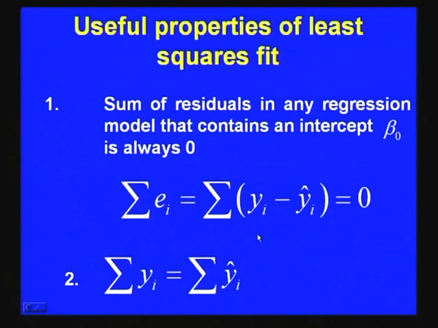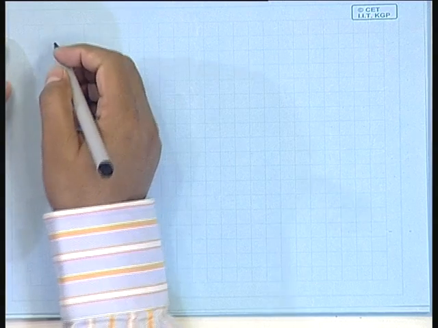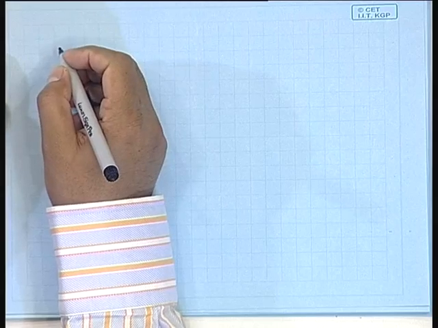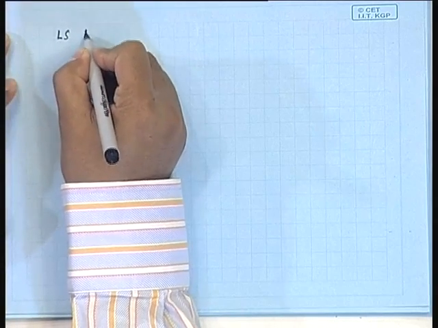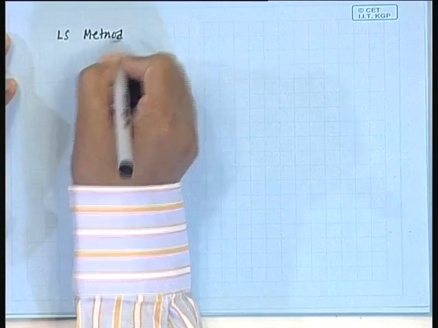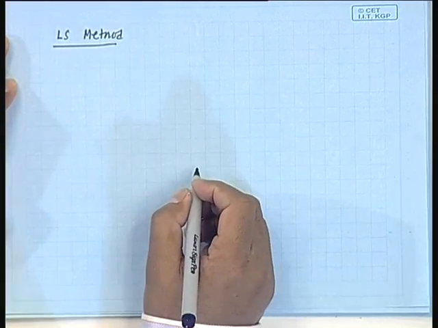Let me prove the first property, which says that the sum of residuals in any regression model that contains an intercept beta naught is always equal to 0. So, what we have to do is recall the LS method, the least square method.